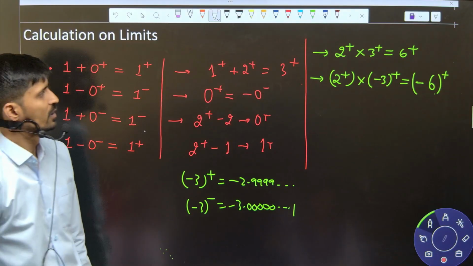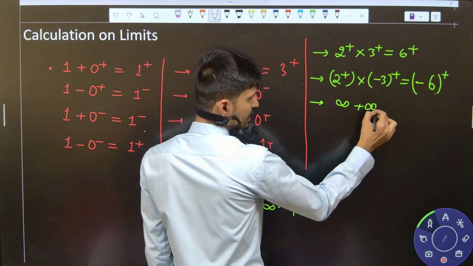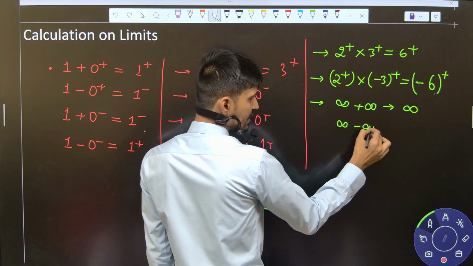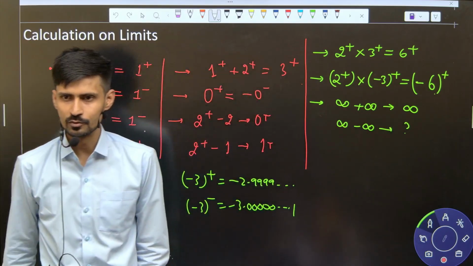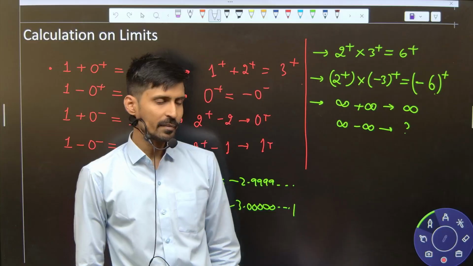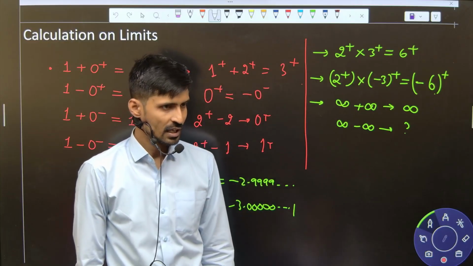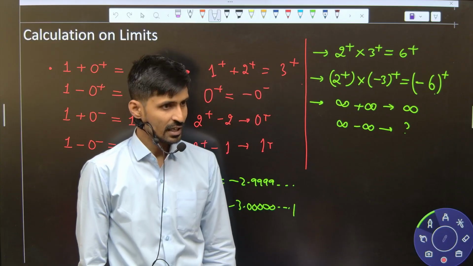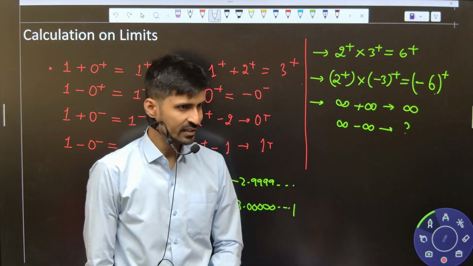Okay, then. Now, see, someone asks you, infinity plus infinity. Infinity. And if someone asks you infinity minus infinity, we cannot say anything. Maybe infinity minus infinity is 2. Suppose some number is there in my head. I am considering that infinity. And you are also considering one number. That is infinity. Possibilities are there, no? Your infinity is 2 greater than my infinity.